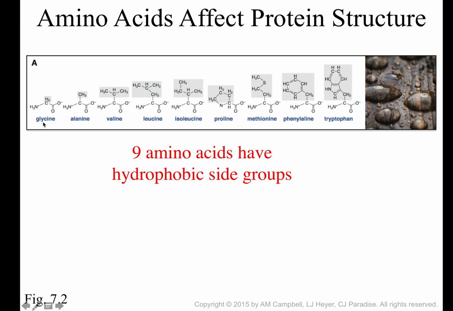Now, in your book, it says that these 9 amino acids have hydrophobic side groups. It means that this gray box in the side group does not like water, okay? And it's hydrophobic. And so when these proteins are folding in a chain, these are going to fold so that they are getting away from water. So they tend to be toward the inside of a protein if water is on the outside of the protein.